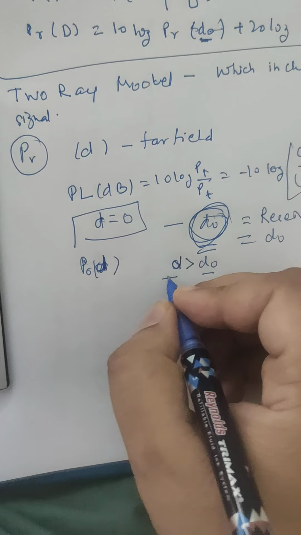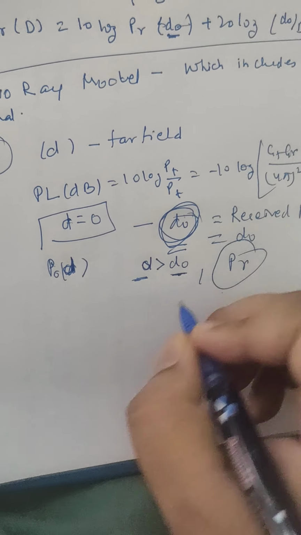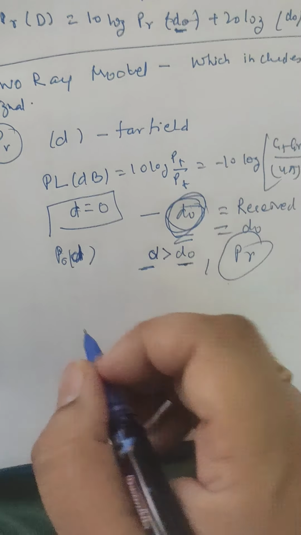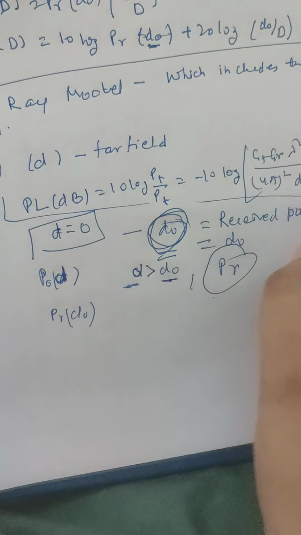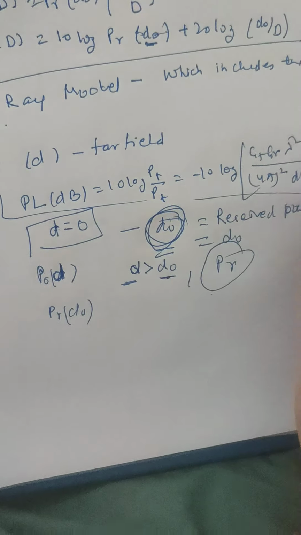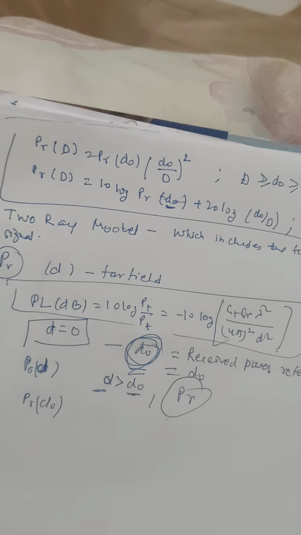In that condition, it may be related with the transmitted power, and the value of Pr(d naught) at this reference point may be predicted by this equation, or may be measured in the radio environment by taking the average received power at many points located at a radial distance from the transmitter.